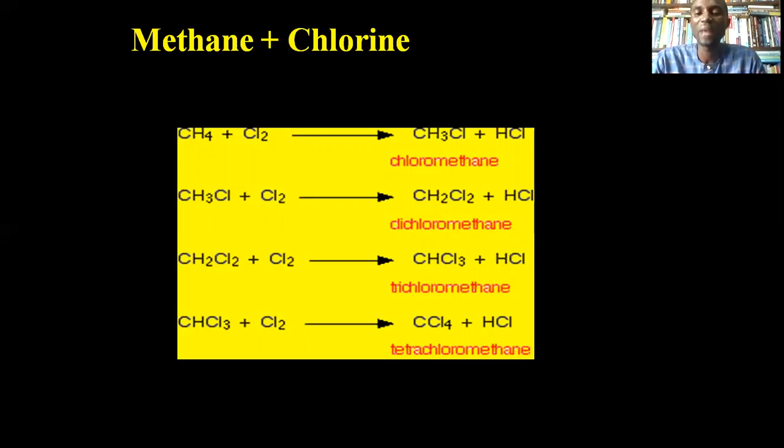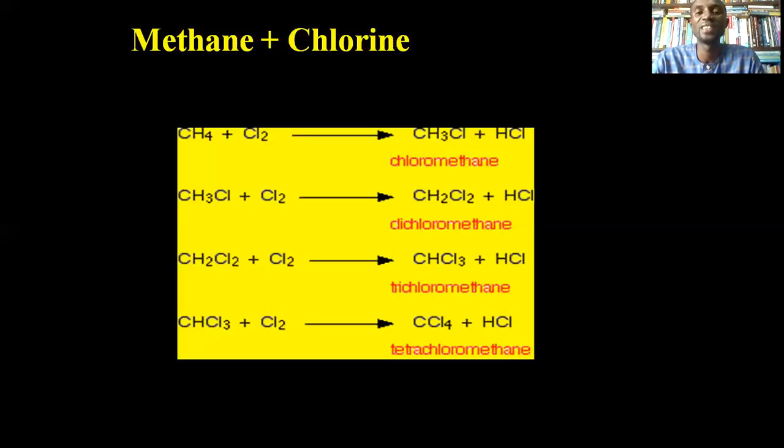Next, the same dichloromethane will undergo another substitution reaction by chlorine gas, and it will produce trichloromethane, meaning that 3 hydrogen atoms have been replaced by chlorine atoms. Now, the last one, that trichloromethane will undergo another substitution to have tetrachloromethane, telling us that the 4 hydrogen atoms have been replaced by chlorine.